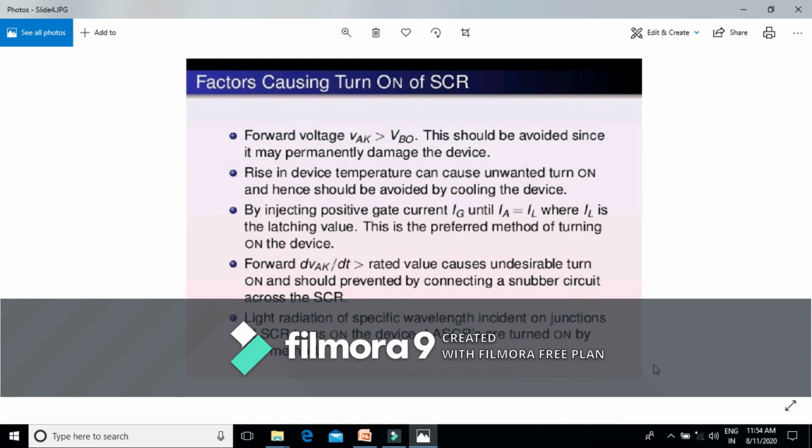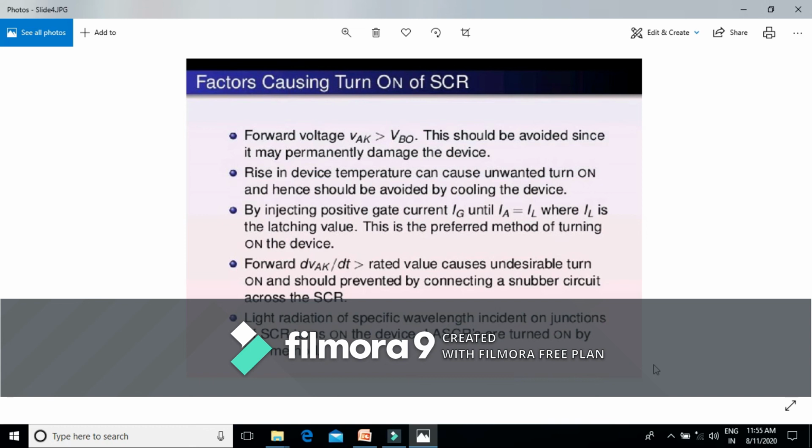However, this method is used in LASCR, that is light activated silicon controlled rectifier, which is used in high voltage and high current applications like HVDC transmission systems, static var control, etc. A fiber optical system is used to trigger these LASCRs, which provides an electrical isolation between low voltage and high voltage circuits.